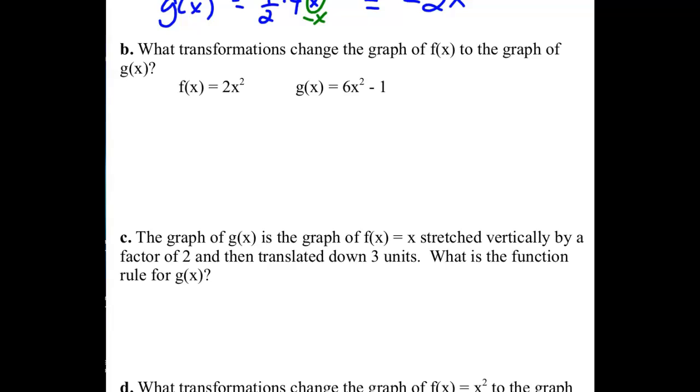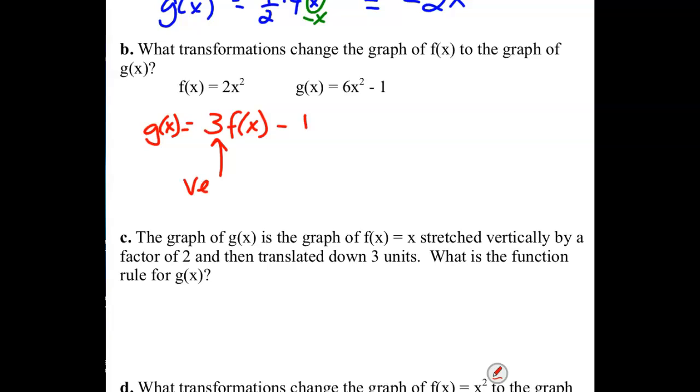Okay, so if we took our f of x function and multiplied it by 3, that would turn it into a 6x squared. But then what else did we do to it? We had to subtract 1 from it, yes? So the transformations that we are doing to get to g of x, the 3 is going to do what?